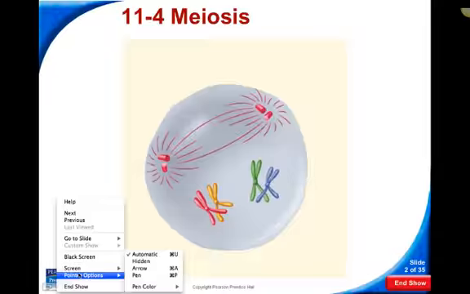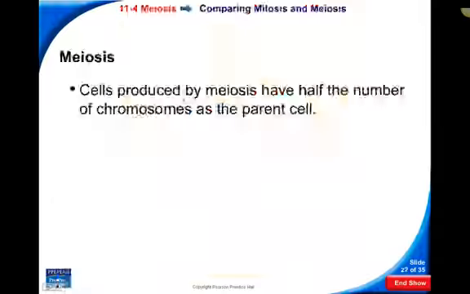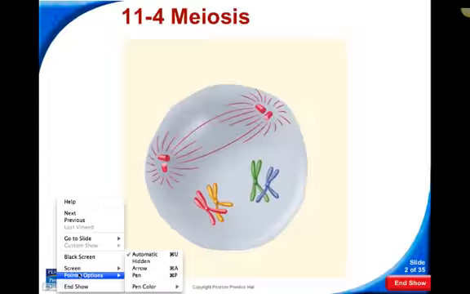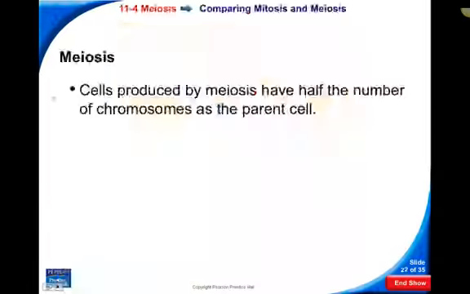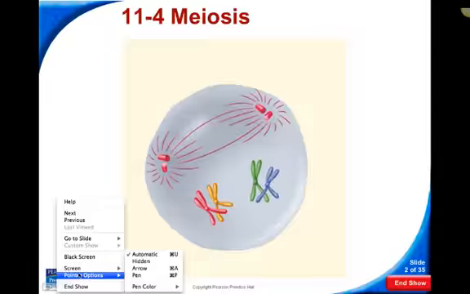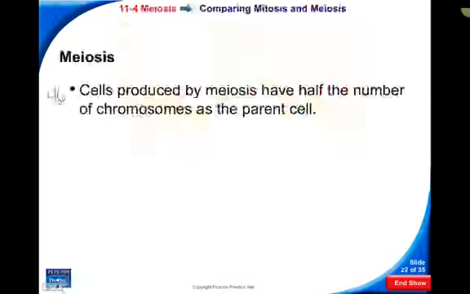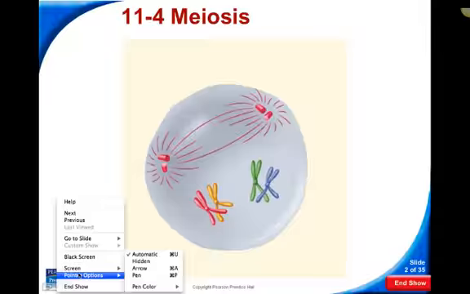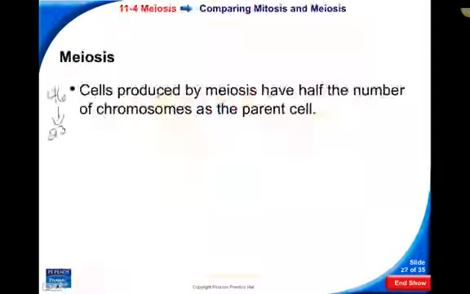Okay, cells produced by meiosis have half the number of chromosomes, so a sex cell that goes in with 46 chromosomes is going to end up with 23 when it comes out of meiosis.